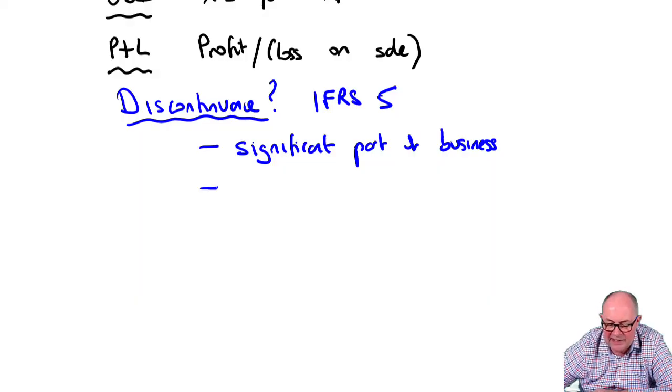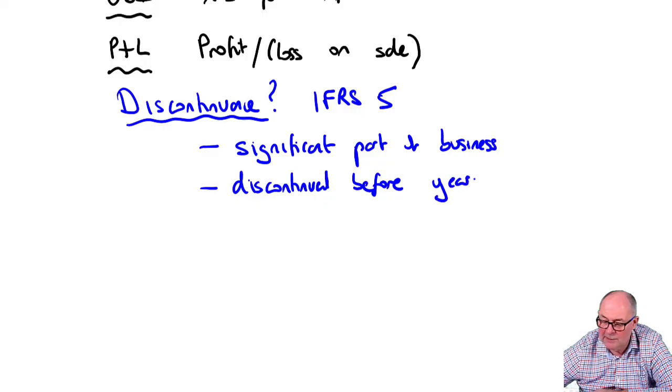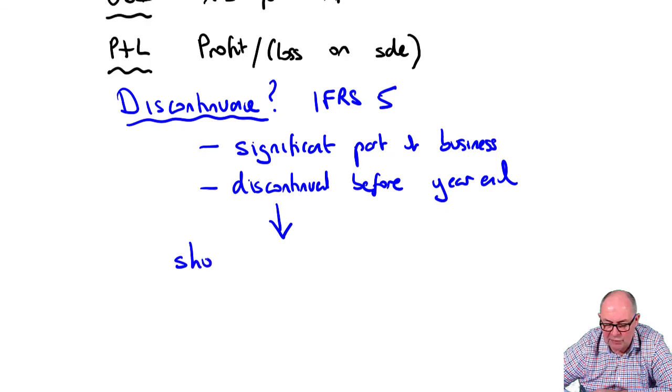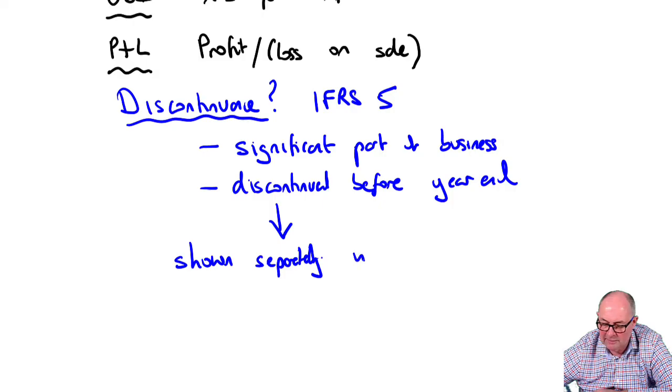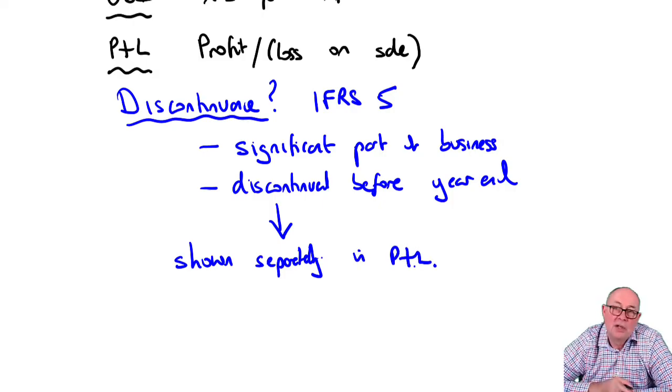And as in this case, it has been discontinued before the year end, which it has. And therefore it's shown separately in the profit and loss as a single line. So its results would be shown separately in the profit and loss. If your knowledge is reasonable, you can pick up very easy marks there without worrying about the calculation.